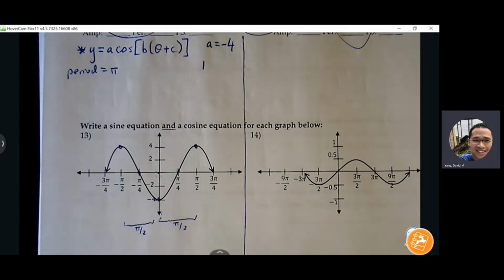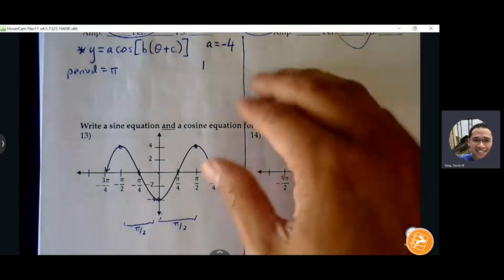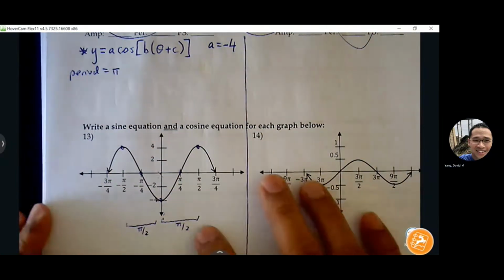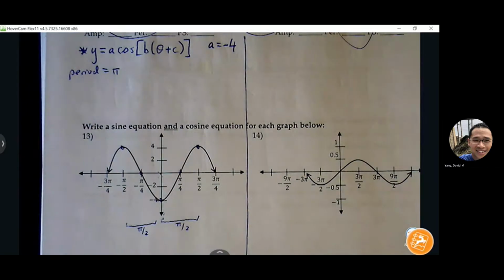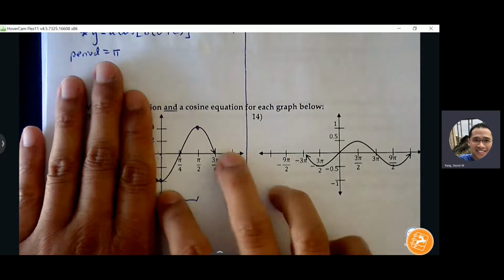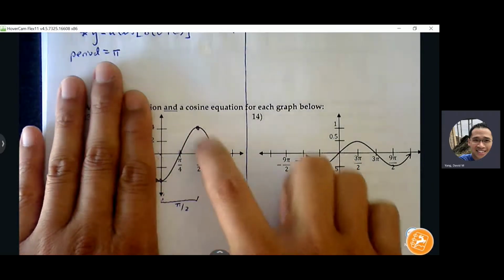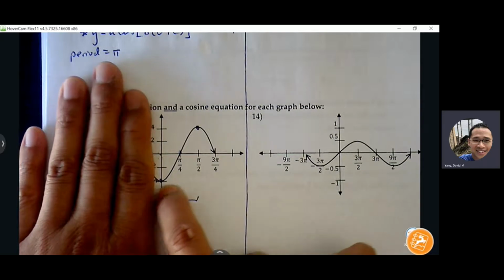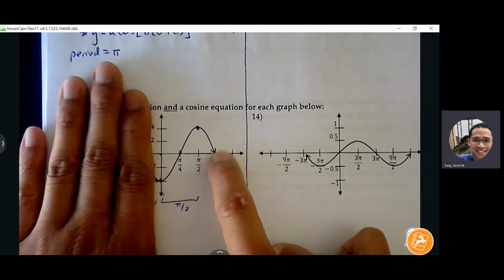But we have to make some adjustment, right? We've got to get to the B value, so we have to work through the formula to get to the B value. Why is it not 3/4? The reason is that if you just look at 3/4, it hasn't completed its cycle yet, right? If you start at -4 and end at 3/4, you haven't finished the cycle.